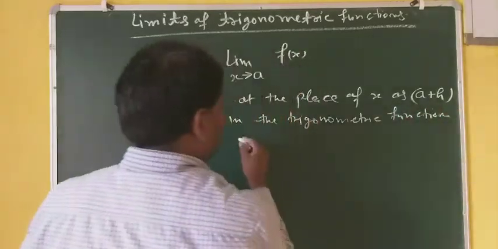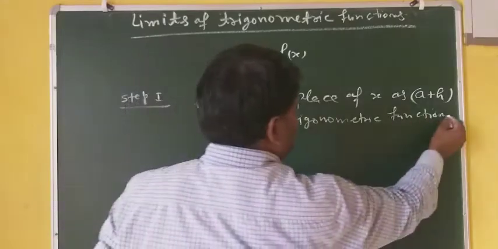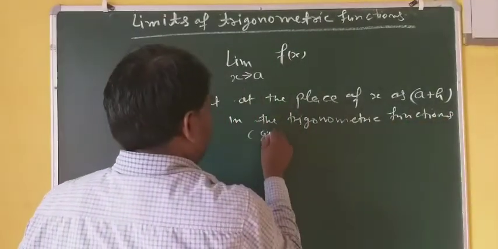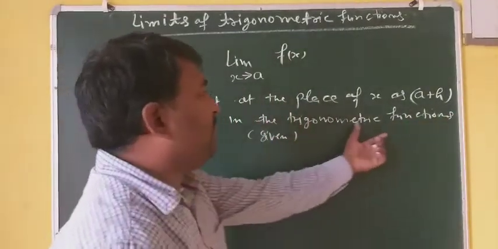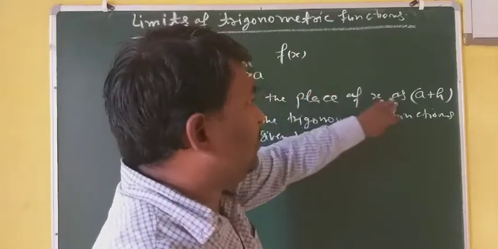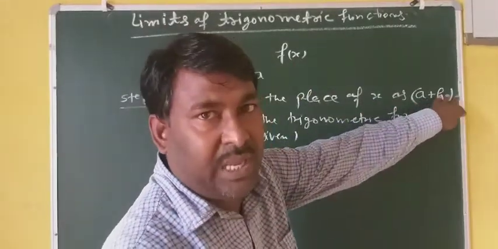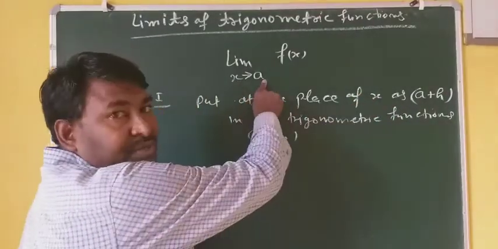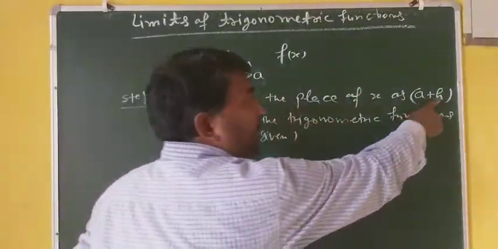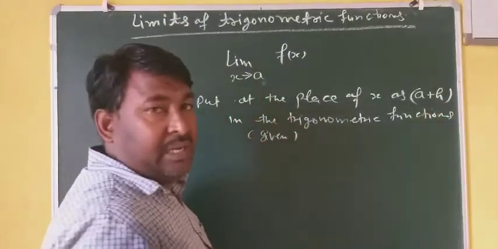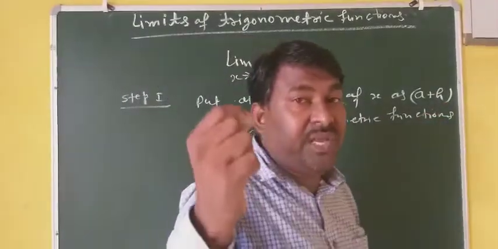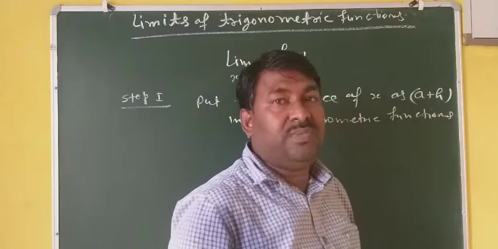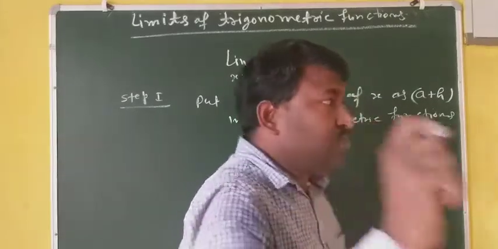In the given trigonometric function, at the place of x, you need to put a plus h. What is a? Whatever value x tends to is given, that is a. And what is h? As you know already, h is a very small value, h tends to 0.